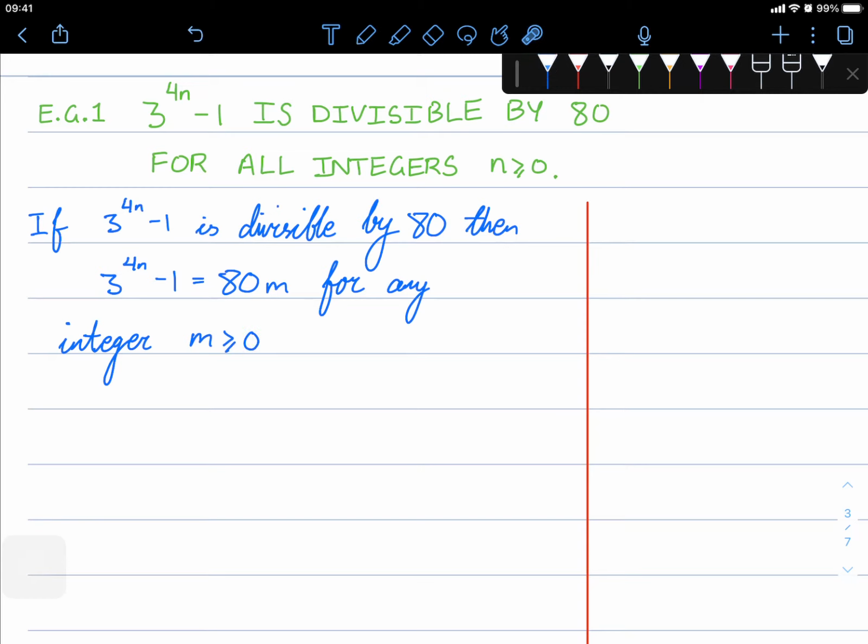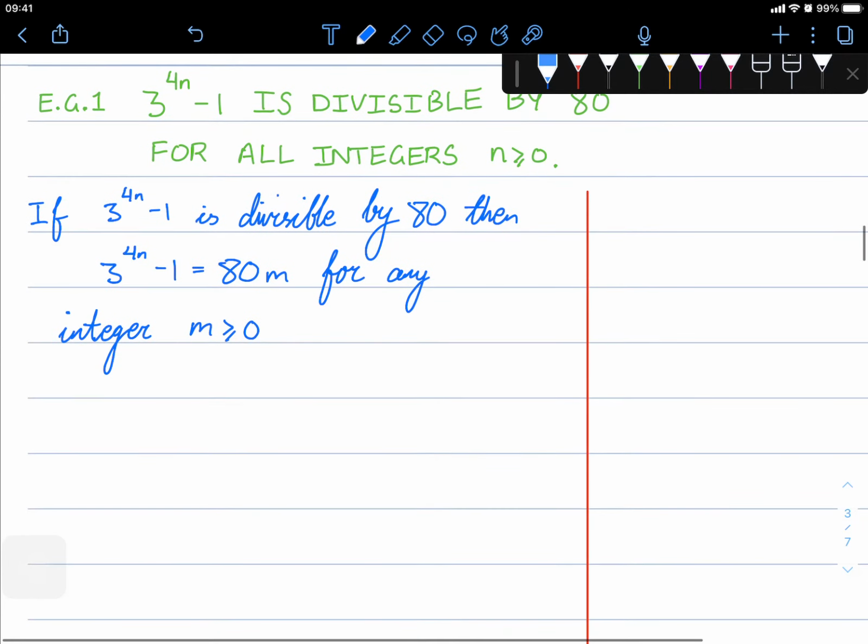So any number that this generates from substituting m can also be generated by 80 times some m value. It has to be an integer, sorry.